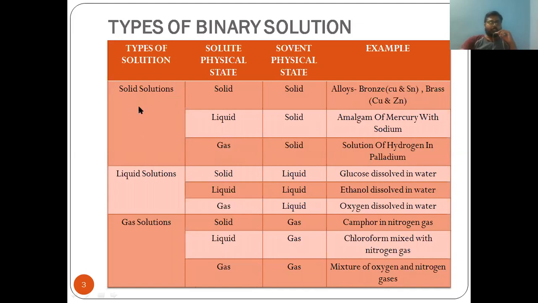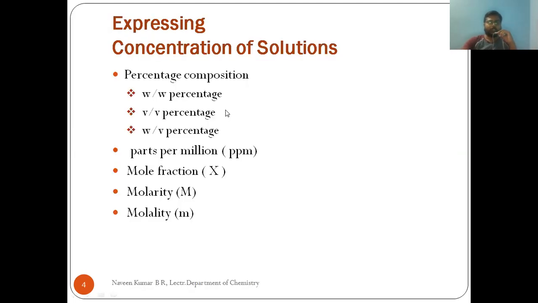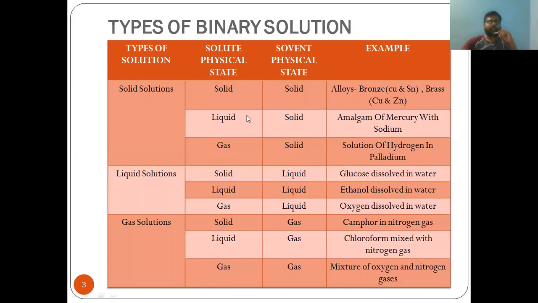To begin with, solid solutions are those in which the solvent present will be solid, but the solute may be solid, liquid, or gas. The first type of solid solution, where the solute is solid, the examples will be alloys. These are the best examples to understand this type.